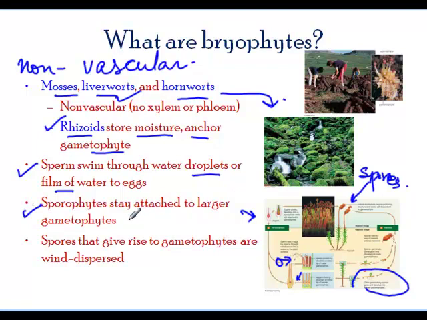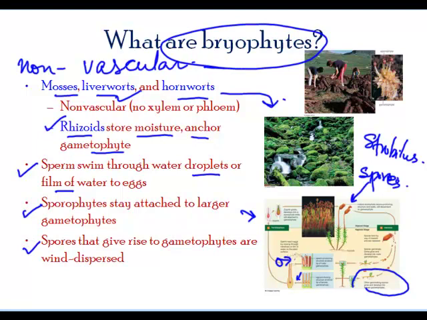Sporophytes stay attached to a larger gametophyte, which is these sporophytes, or the strobilus as they're called. Strobilus is a name given to these. They're like cones, in other words, but they're not really cones, because cones are different kinds of plants, but they look like small little cones. And these are present in this unique group of plants, and these are called the bryophytes.